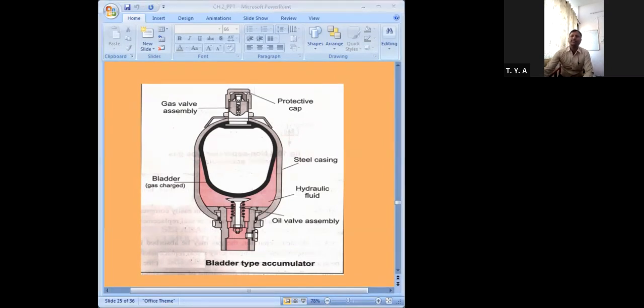I will explain the construction and operation of this bladder type accumulator with the help of this figure.